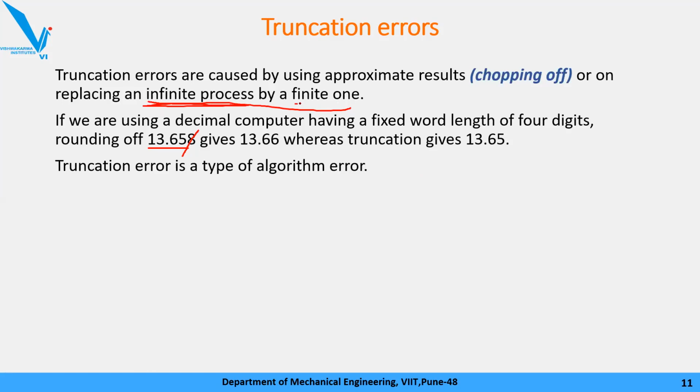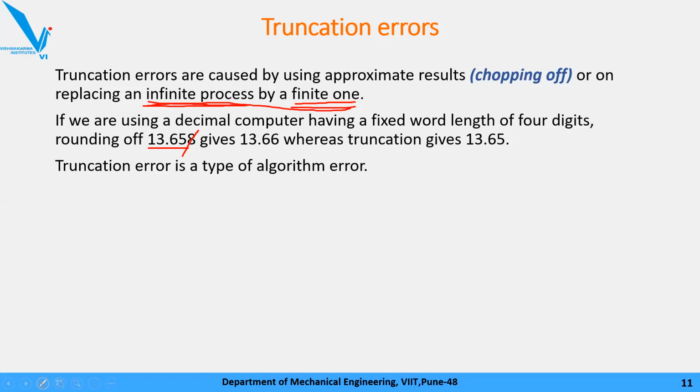After 1000 iterations or 100 iterations your calculation must stop. So we go from infinite iteration to a finite number of iterations. We sacrifice something, and that causes the truncation error. Again, the bottom line: truncation errors are caused by two things. One is chopping off, and the second is the reduction in the number of iterations.